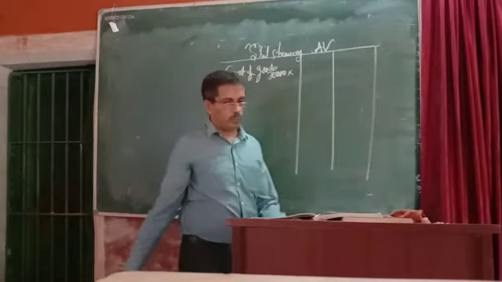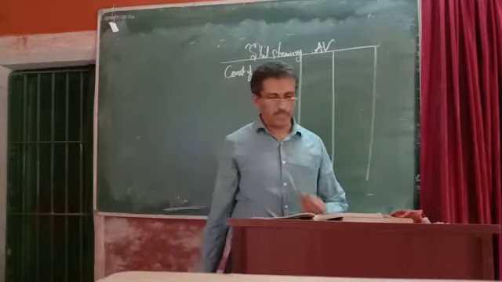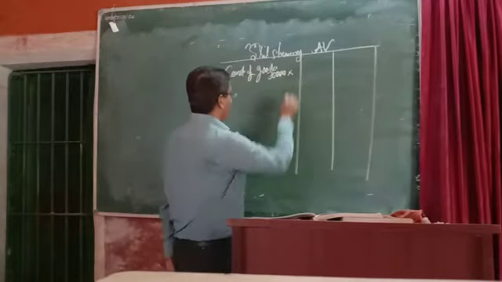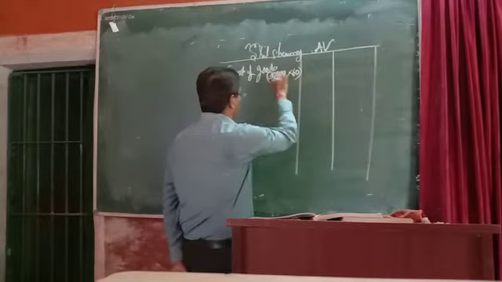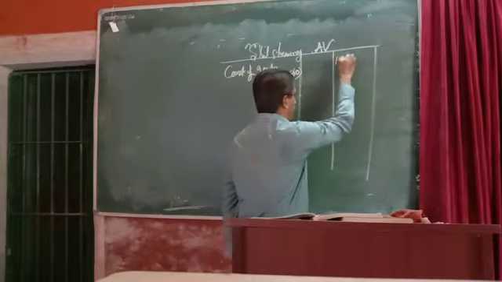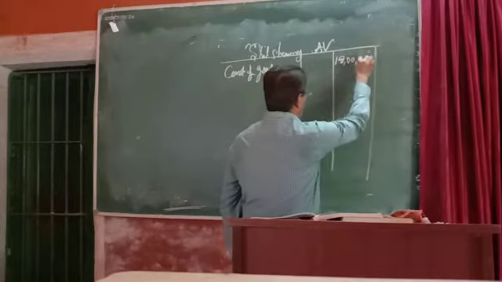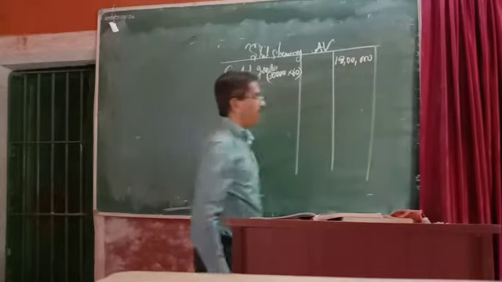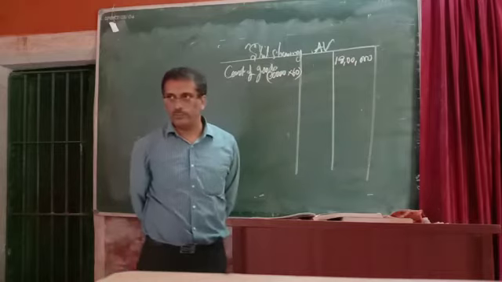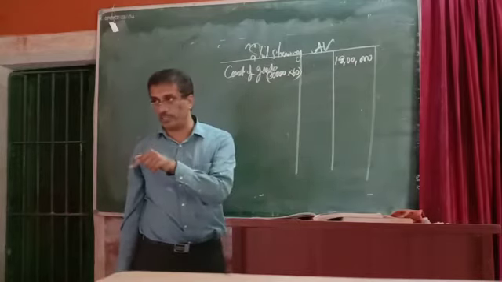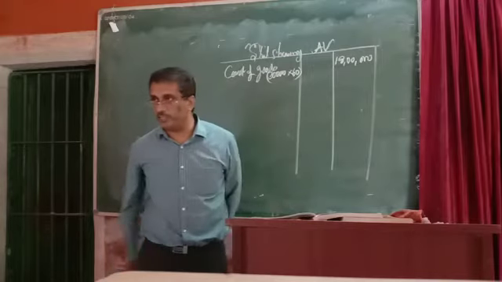What is the rate of dollar here? 60 is the exchange rate given in the last, 60 rupees. So 30,000 into 60 should be 18 lakhs. That should get converted to rupees. 1 dollar is equal to how much? 60 rupees is given in the last.